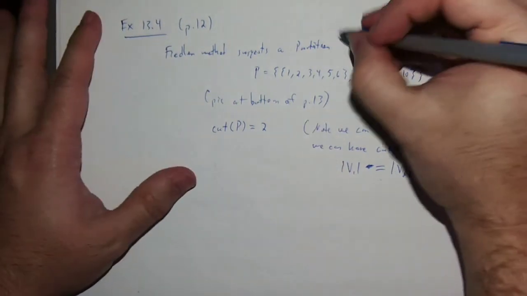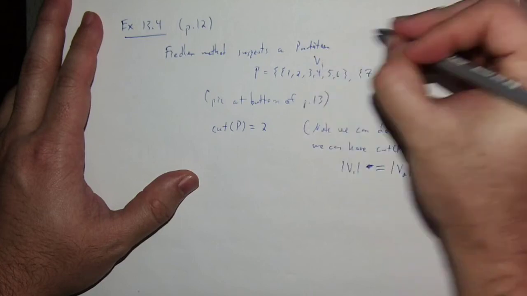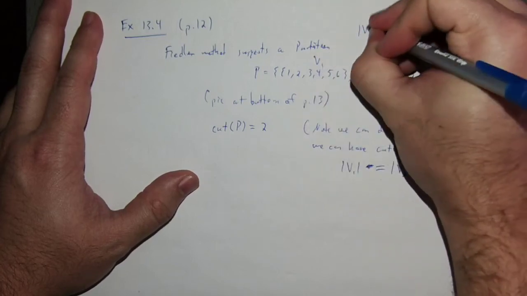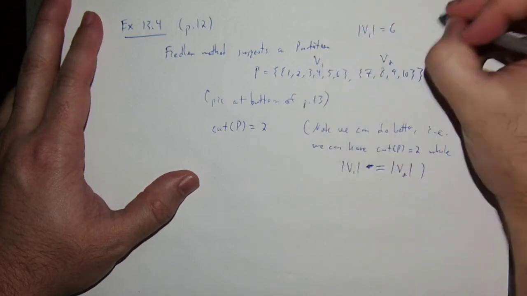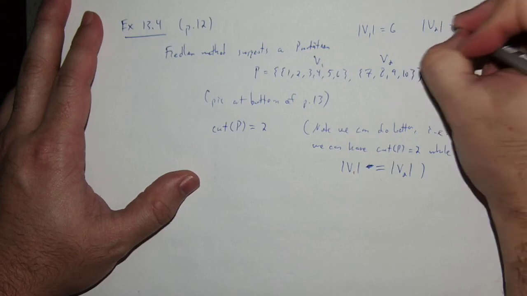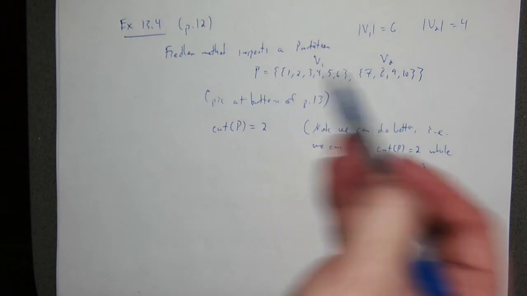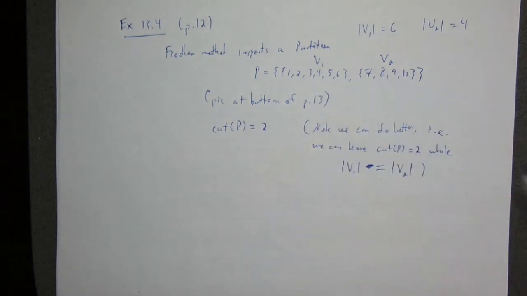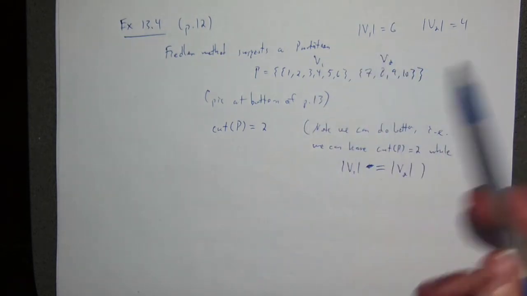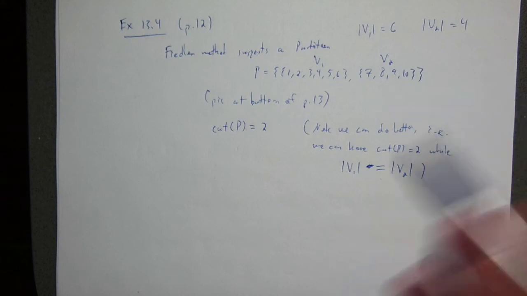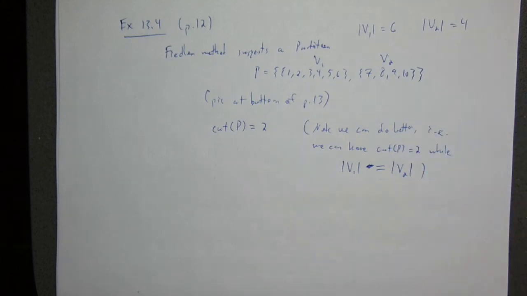Here, note that if this is V1 and this is V2, the size of V1 is 6 and the size of V2 is 4. So they're not equal. The Fiedler method, of course, depending on the number of vertices, is not always going to be able to make them equal. The idea is that they should be as equal as possible. That was one of the goals of the Fiedler method, right?